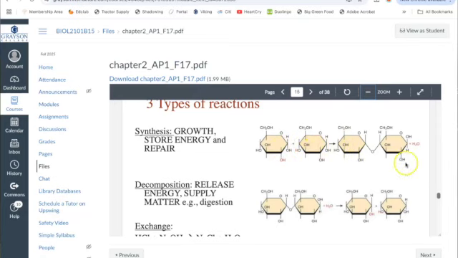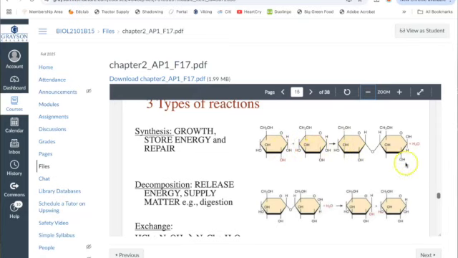Okay, decomposition. Decomposition, for example, if you look here, there are two molecules. Your body needs the energy. It breaks it apart, okay, by adding water. And then it becomes two molecules that the body can use. This is decomposition. It releases energy. And exchange is just, for example, this molecule.